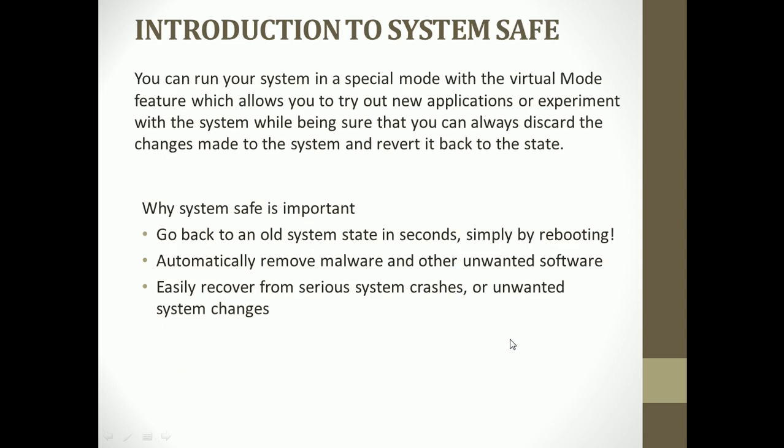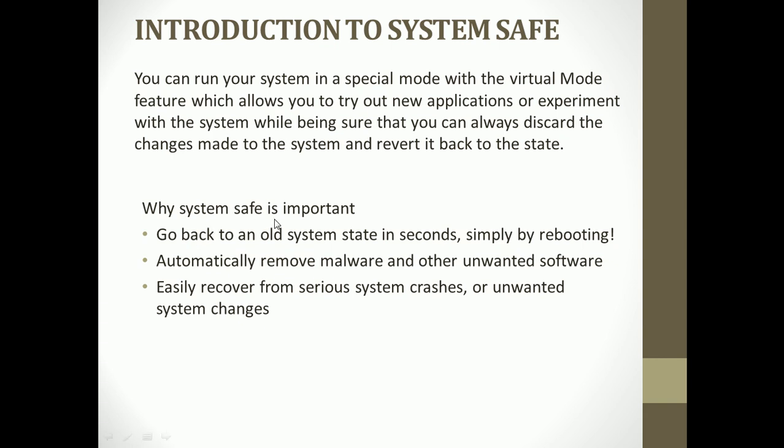After that, the next objective is the introduction to system safe. We can run our system in a special mode with the virtual mode feature, which allows us to try out new applications or experiment with the system while being sure that we can always discard the changes made to the system and be back to the original state.